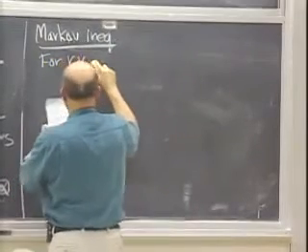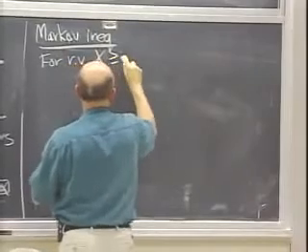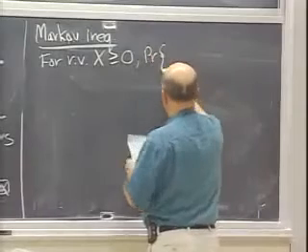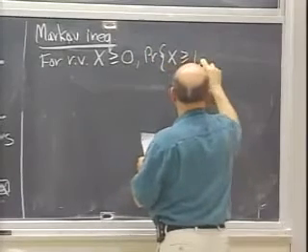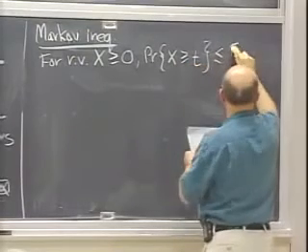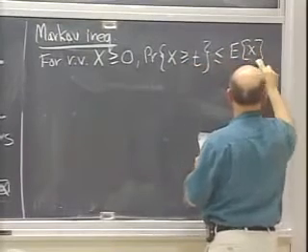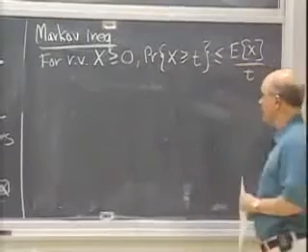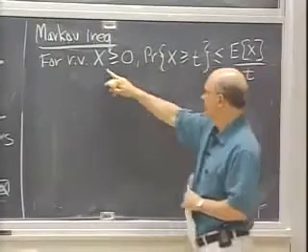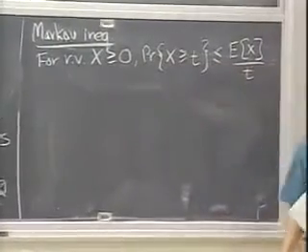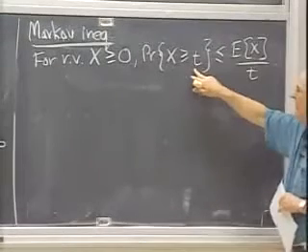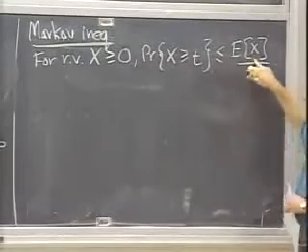For a random variable x, which is bounded below by 0, the probability that x is greater than or equal to any given value t is less than or equal to the expectation of x divided by t. It's a great fact. It doesn't hold if x isn't bounded below by 0. But it allows me to relate the probability of an event to its expectation.